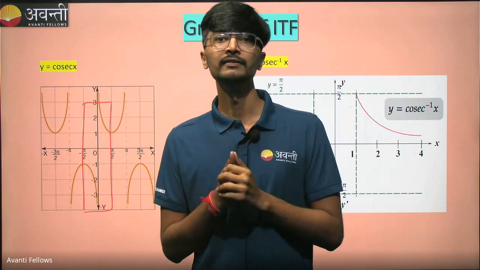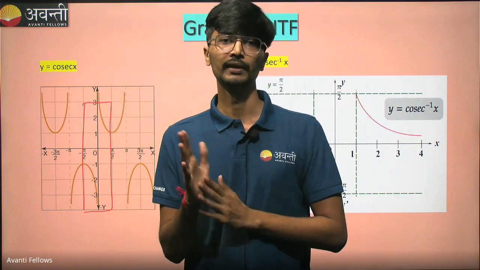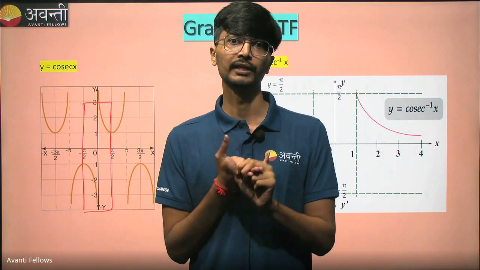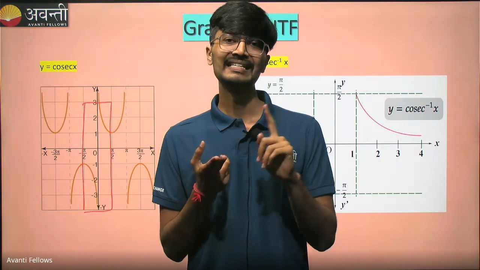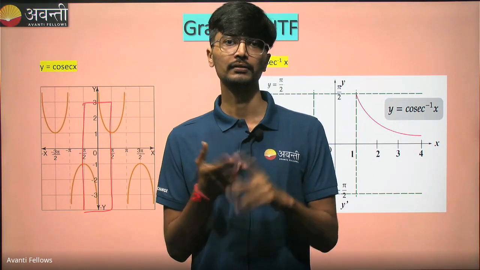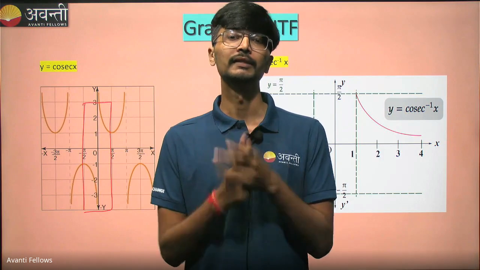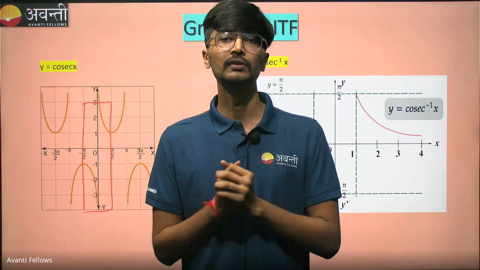Curtailing the domain means we have to restrict the domain of all the trigonometric functions. So for sine, tan, and cosec, minus pi by 2 to pi by 2. For cos, sec, and cot, 0 to pi. This is the most important part. The principal value range, we will do sums and questions based on that next time.